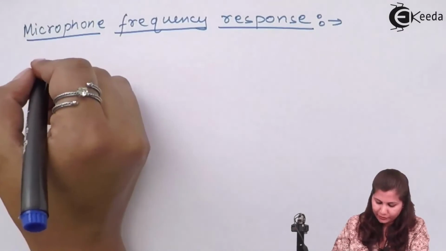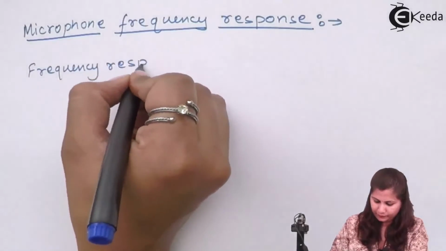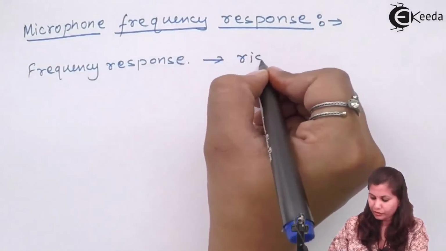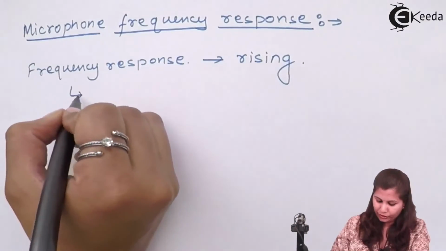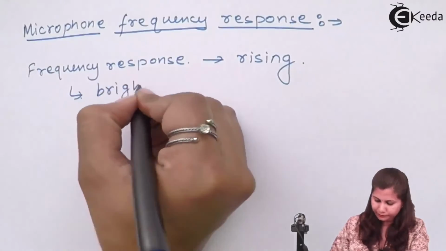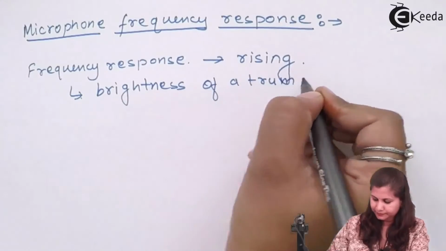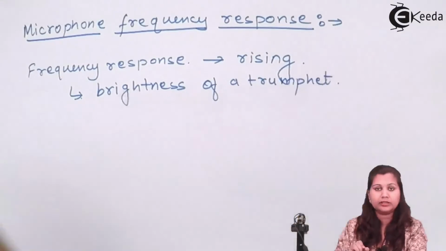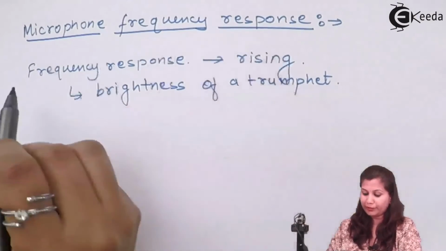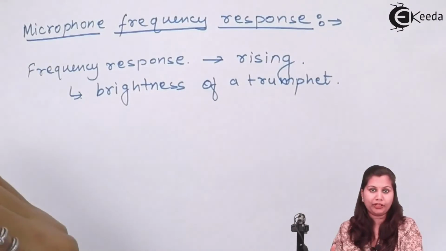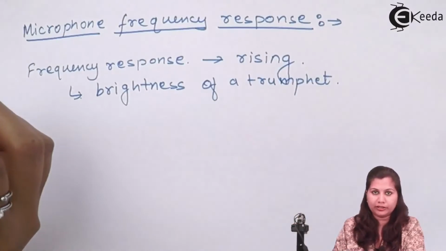Suppose that in an application the frequency response is of rising type, then that type of microphone is used to emphasize the brightness of a trumpet or other instruments. In musical instruments also a microphone is used. So if the microphone has a rising type of frequency response, that is going to increase the brightness of a trumpet or the other instrument.